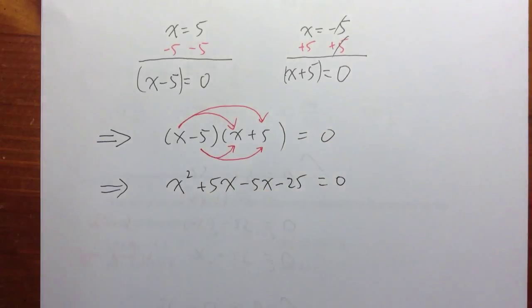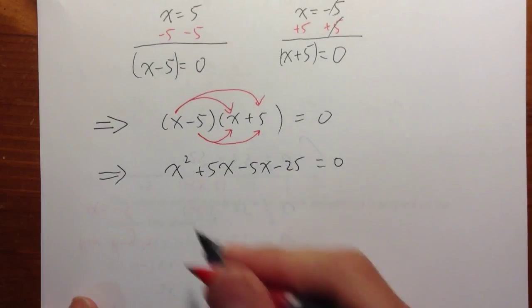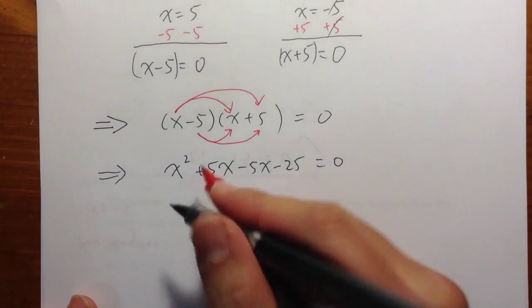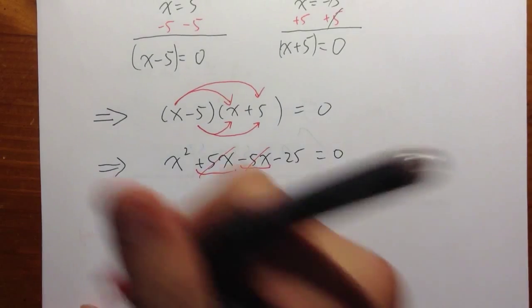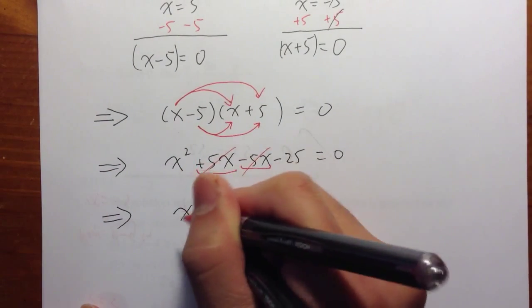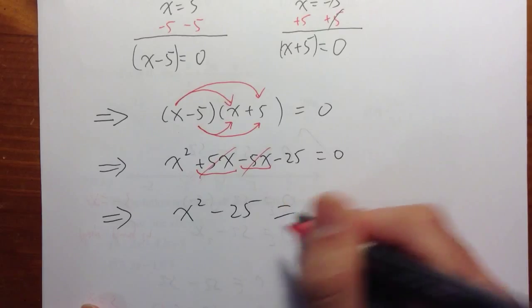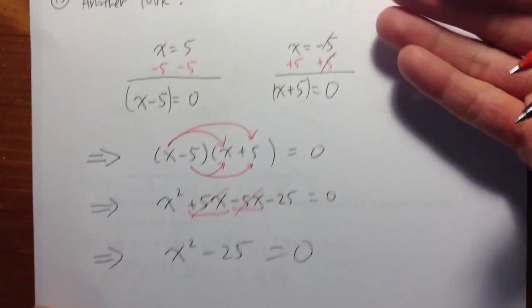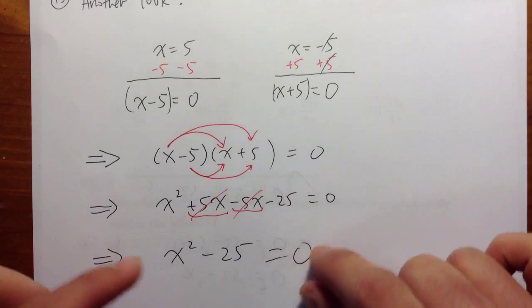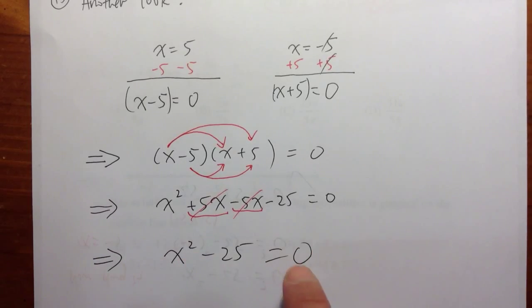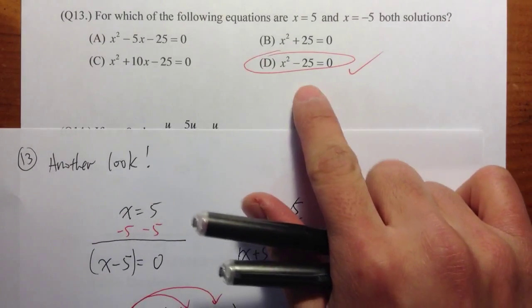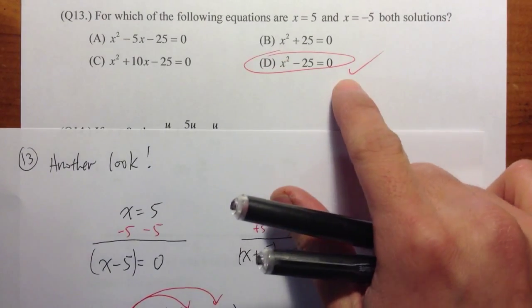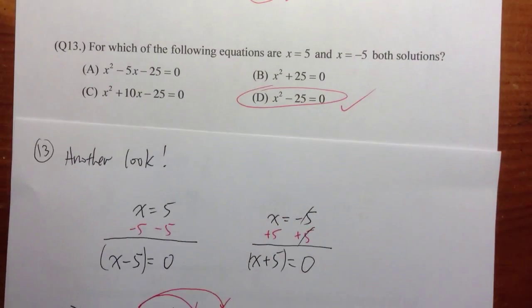And that should equal 0. Once we take a look at this, we see that positive 5x and negative 5x cancel to be 0. So I have x squared minus 25 equals 0. And you see, working this way, we can construct an equation. x squared minus 25 equals 0. And actually, that's just the equation that I have as well. That's exactly what I did. So answer choice D. Answer choice D.